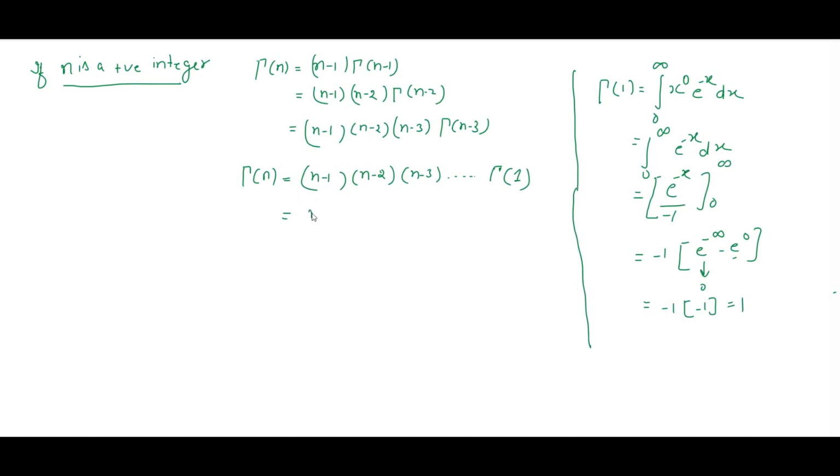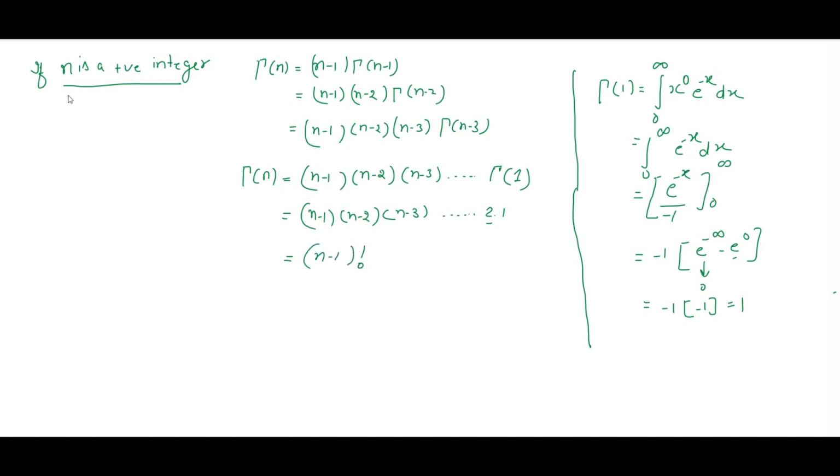Okay. So it means you can modify this formula, n minus 1, n minus 2, n minus 3, and this will stop at 2 into 1, because if gamma 1 is 1, then the previous term will be 2. Okay. So what is this quantity? This is nothing but n minus 1 factorial.